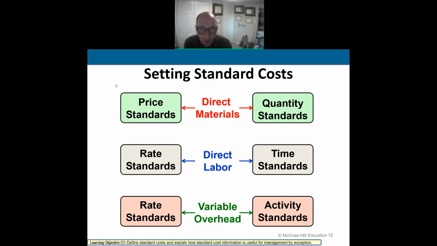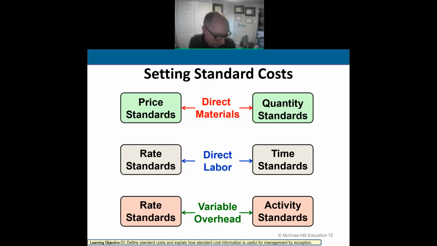Standard costs help me to set prices. The prices are based off of direct materials and the quantity standards. Direct labor is set based off of the labor rate times the amount of time. And the variable factory overhead is set by the rate of factory overhead times the activity standard. In other words, I can set the cost of direct materials, direct labor, and factory overhead based off of the standards.